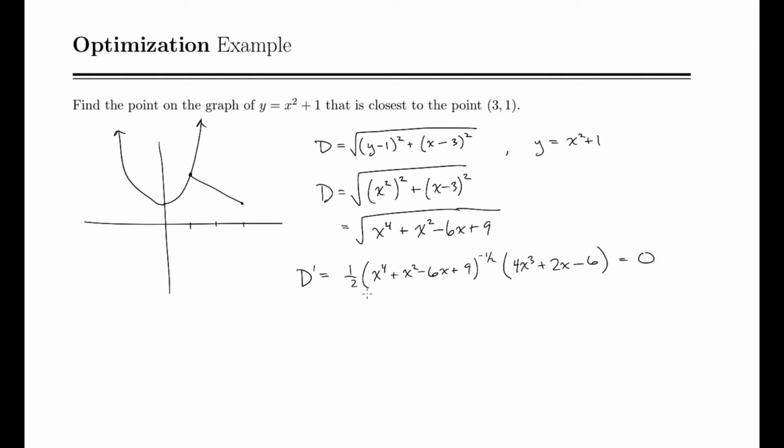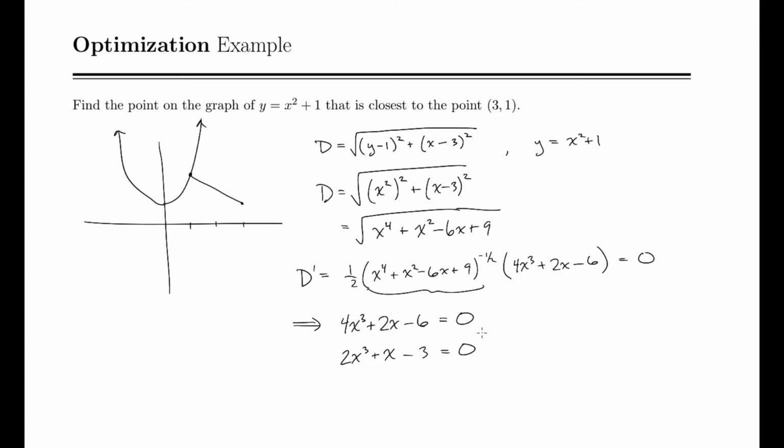Now notice that this expression here, that's in the denominator, and so it's not going to make this equal to 0. So this is the same thing as saying simply that this 4x cubed plus 2x minus 6 is equal to 0. Okay, and we could divide everything by 2 there to get 2x cubed plus x minus 3 equals 0.